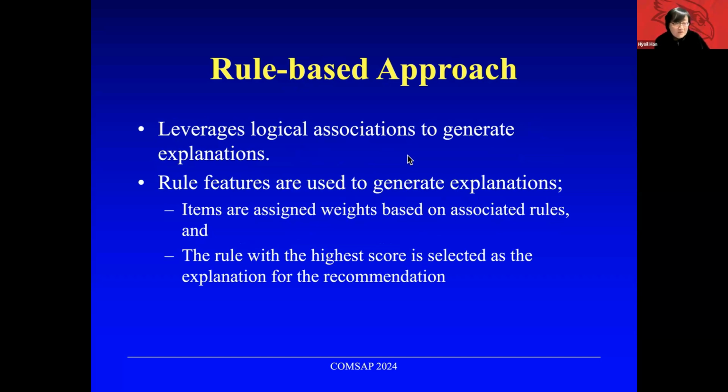Recommender systems always have items, item information, and user information. So how we find the associations between users and items, that's one of the bottom line or base work in recommender systems.